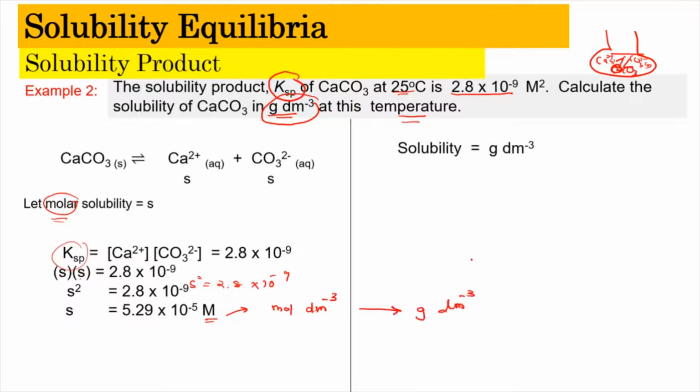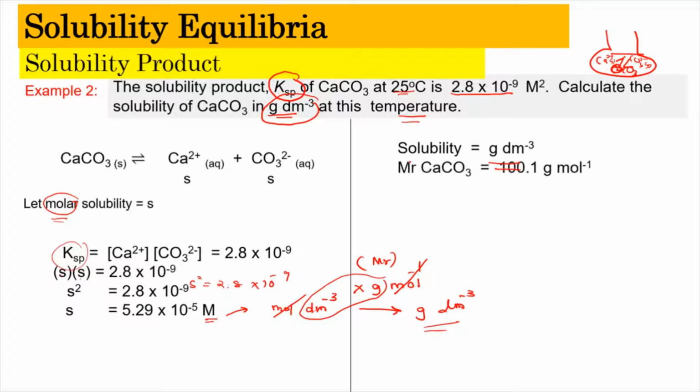So what we're going to do is multiply this value with the molar mass of the salt, which is CaCO3. So from here, the per mole and the mole are going to cancel out, and lastly we're going to get the unit of gram per dm cube.